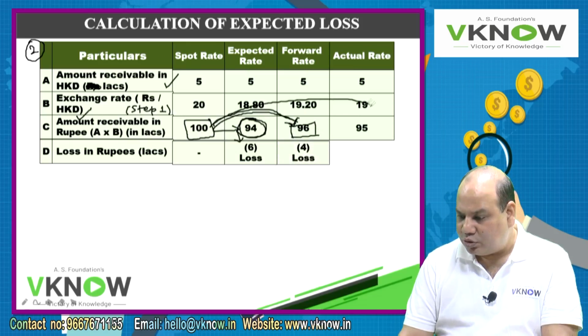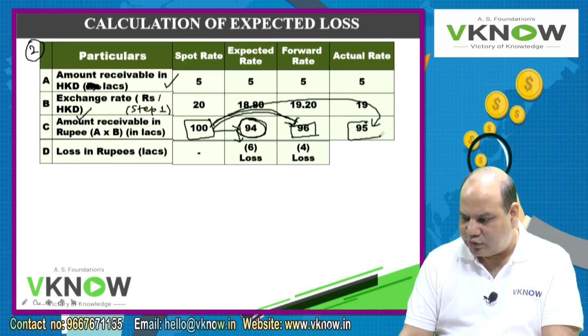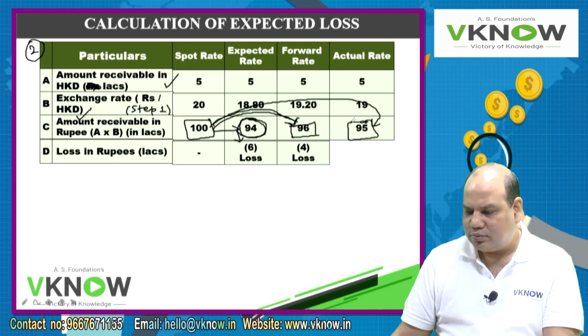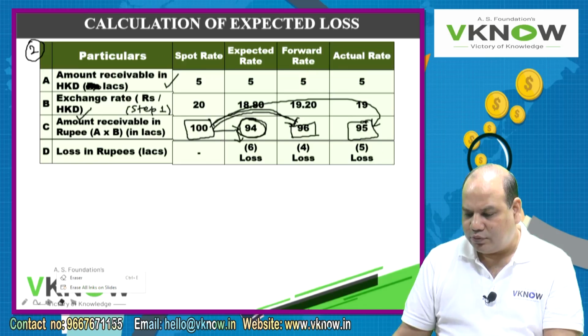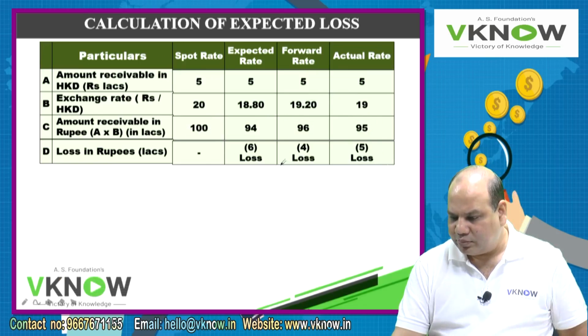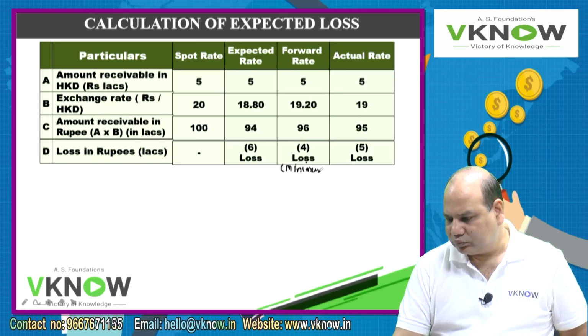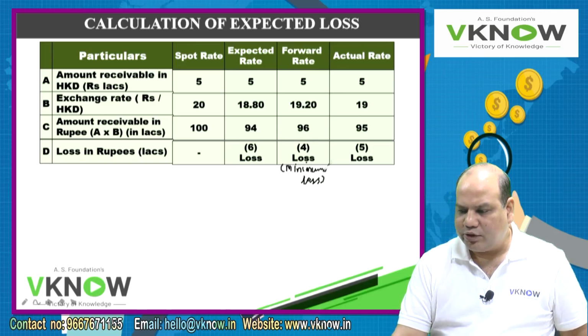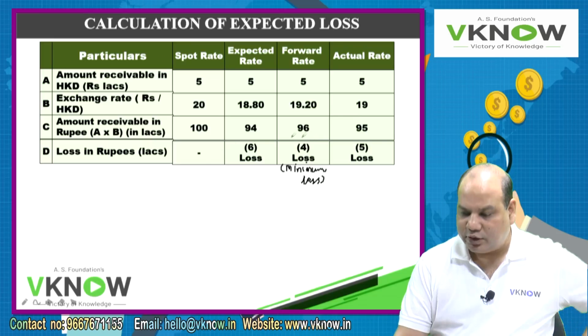And suppose you don't do anything, just wait for 1 month, you will actually receive 95 lakh. So compared to the spot rate, you will lose 5 lakh. So you have to suffer loss, but the loss is minimum if you take forward cover. So the decision to take the forward cover is justified.